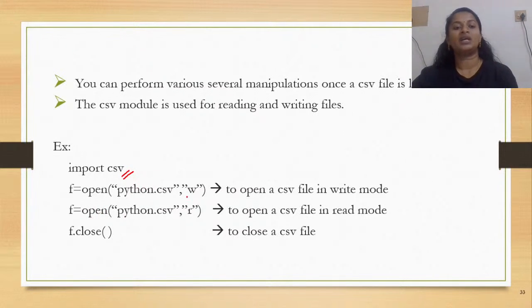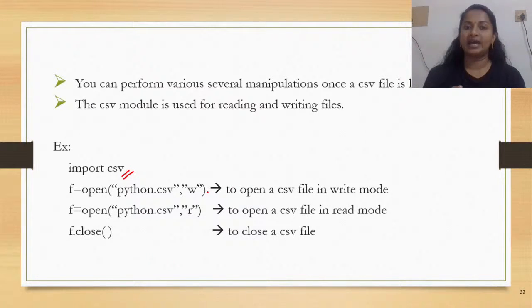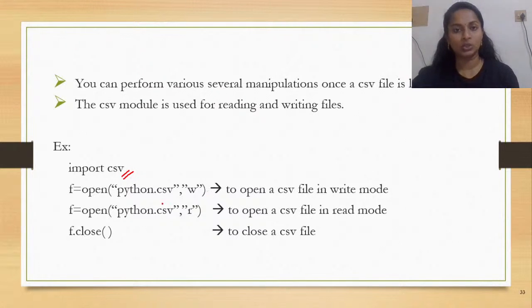So open, and inside that you have two arguments. Actually, you can have three arguments, and the third argument is optional, wherein you can change the newline. Okay, that we'll look into in the next class. So today we are just seeing the basic syntax of the open function, wherein you have two arguments: the first argument being the name of your file and the second argument being the mode, right?